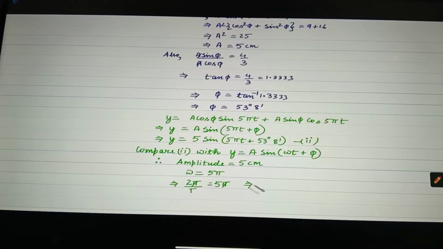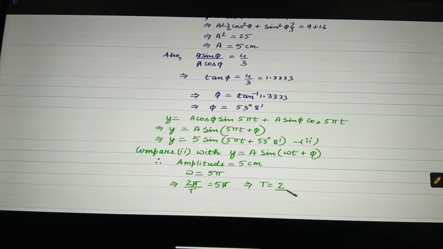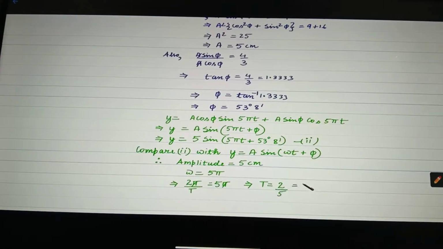So from here T is equal to 2 by 5, which is equal to 0.4 seconds. And also by comparing the two, we can get the initial phase: phi is equal to 53 degrees and 8 minutes.